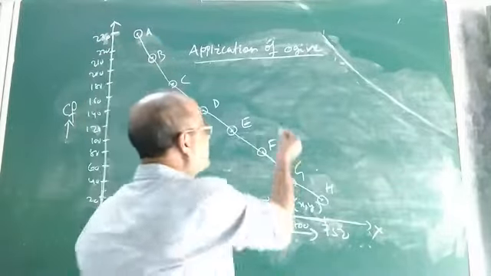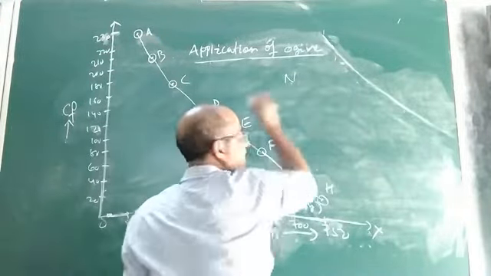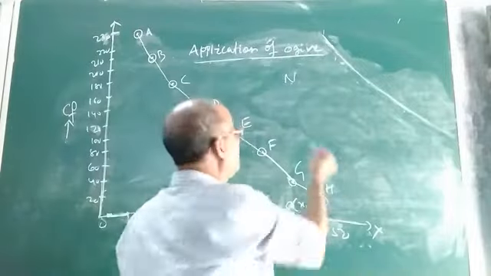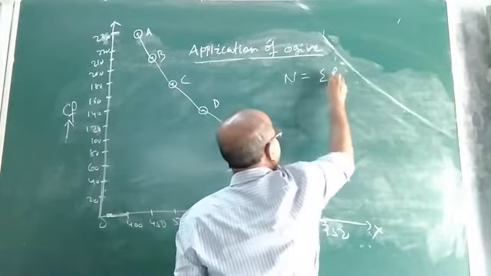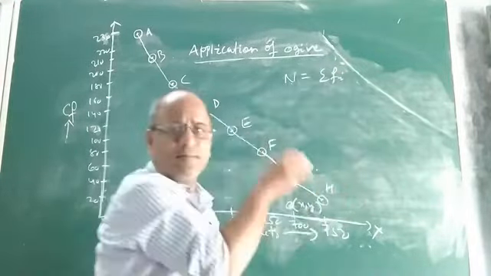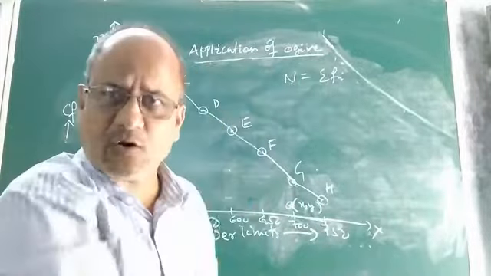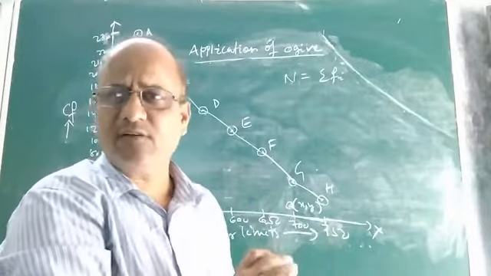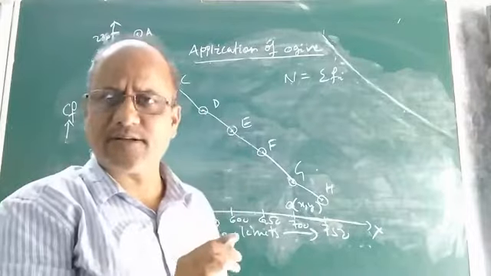The first step is, children, you know what n is? N is your total number of observations, which is equal to sigma fi. The value of sigma fi can easily be obtained by adding all the frequencies given in the continuous frequency distribution.